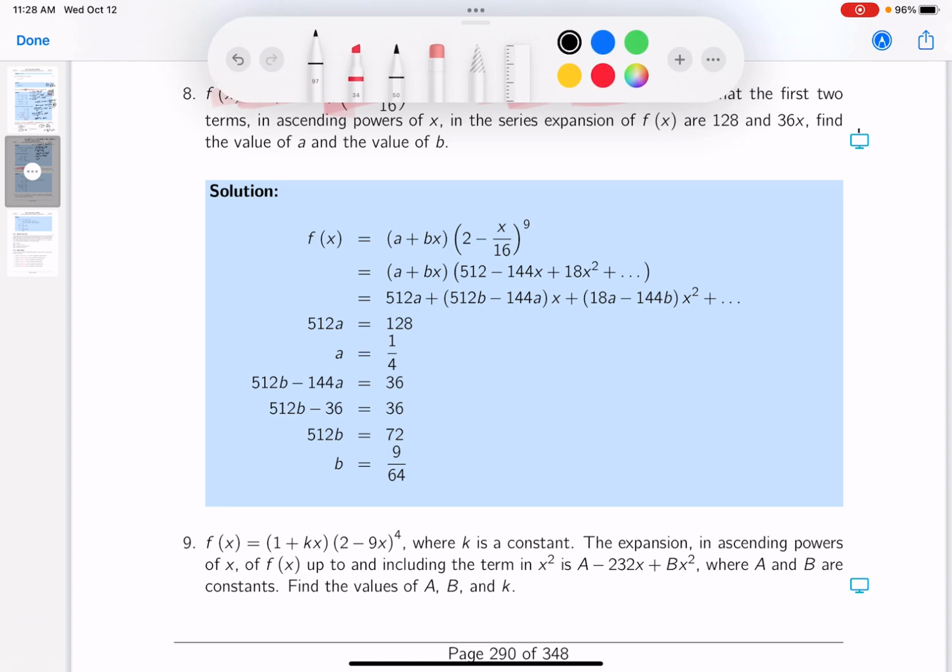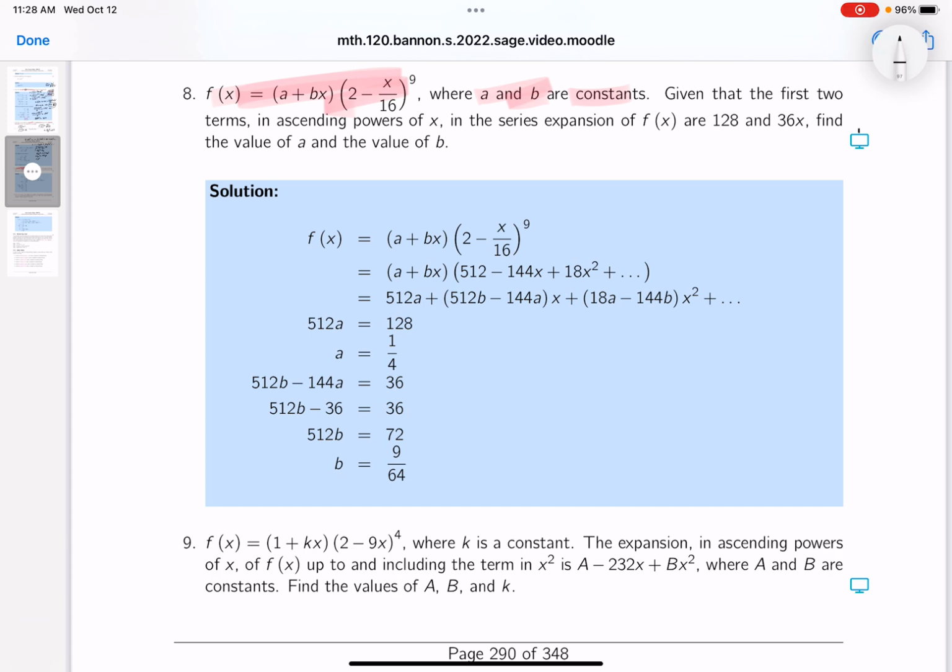So when I do that, I'm going to write down a plus bx, and this is f of x, and then I'm going to start writing this down. And certainly, let's go for the first three terms. So it's going to be 9 choose 9, which is equal to 1. That's good.